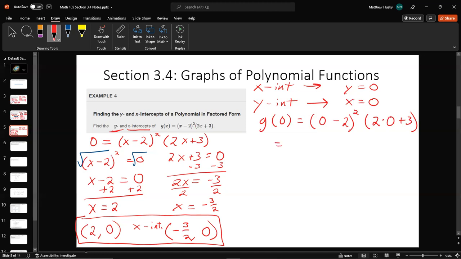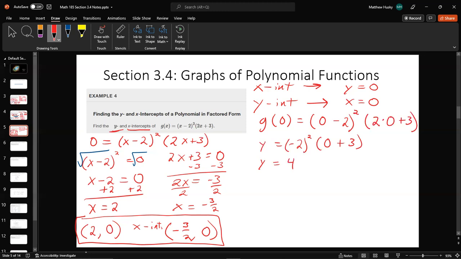If we do that, we'll call this y just for the time being. 0 minus 2 is -2, squared. 2 times 0 is just 0, plus 3. (-2) squared, that's -2 times -2, which is a +4.